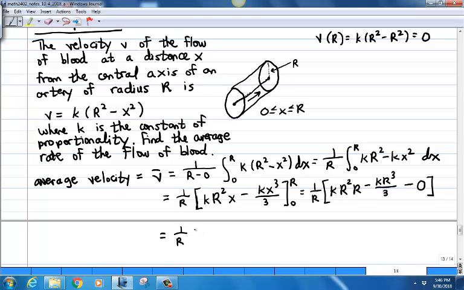All right, let's see now if we can simplify our result a little bit. So I have 1 over capital R times k r cubed minus k r cubed over 3. So I guess that would be 1 over r, and then k r cubed minus essentially 1/3 k r cubed is going to be 2/3 of k r cubed.